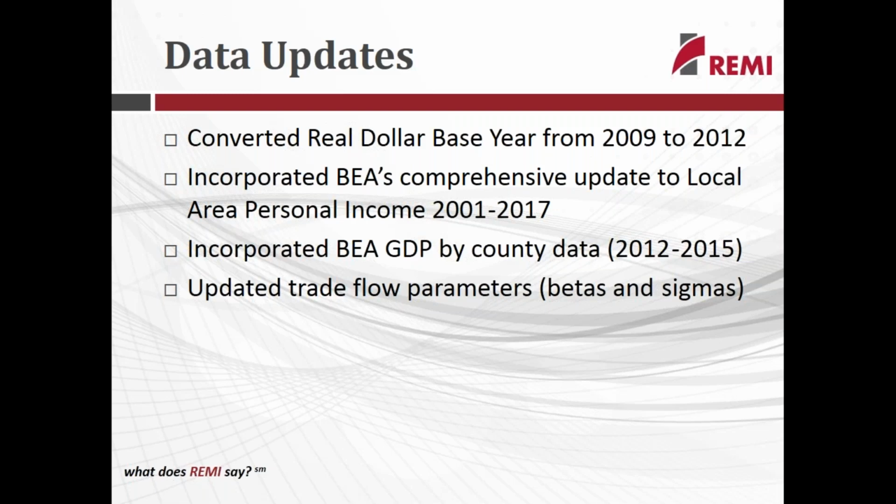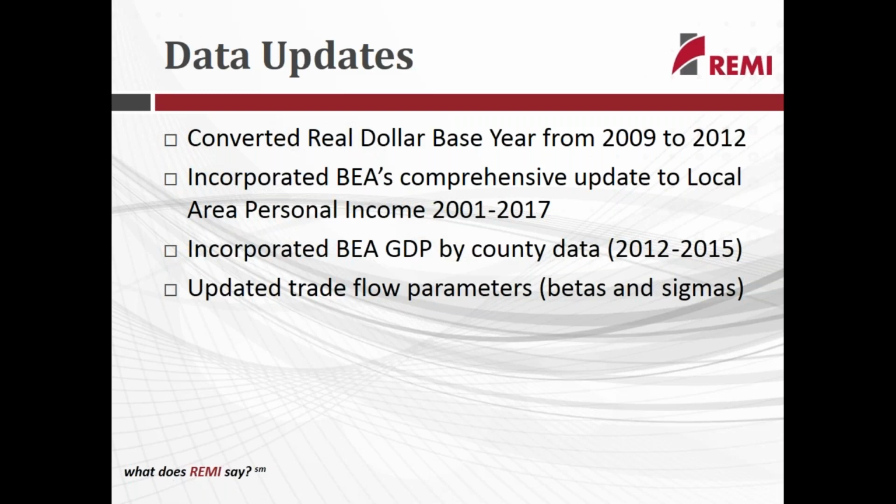We've also incorporated the BEA's comprehensive update to the local area personal income data set. They've made some significant methodological changes. And so, basically, we've just made use of the finer detail in that data set now.